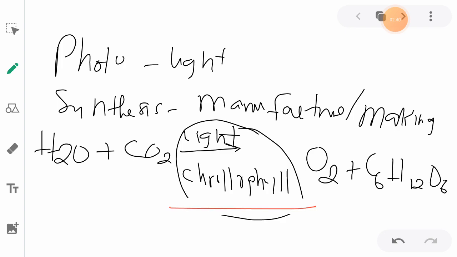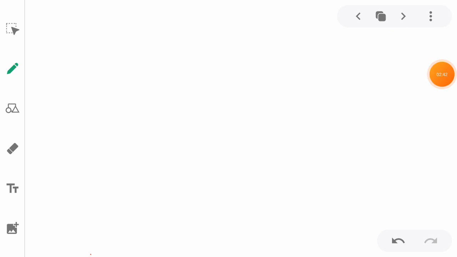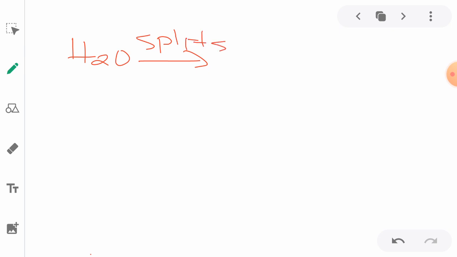Now, the absorption of light by chlorophyll enables the same water which is there in the reaction to get split. Water splits in the process known as hydrolysis.